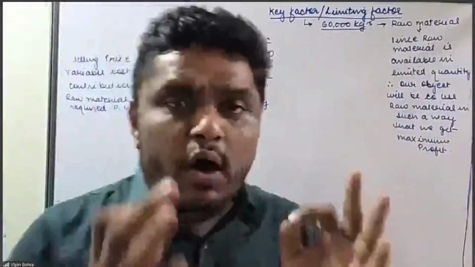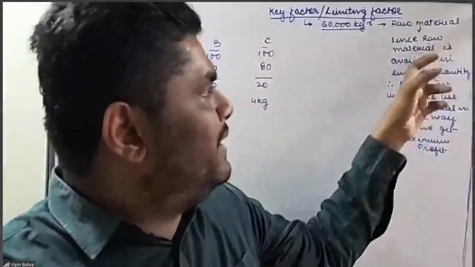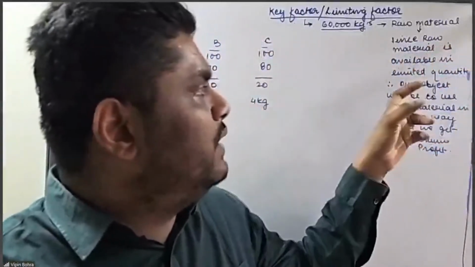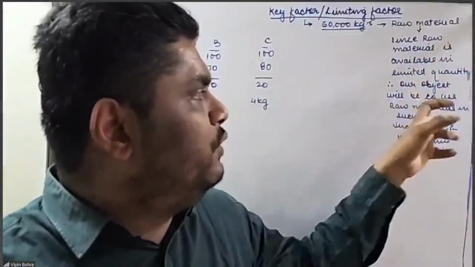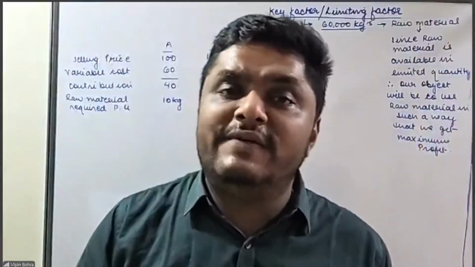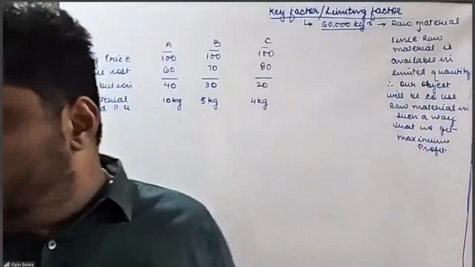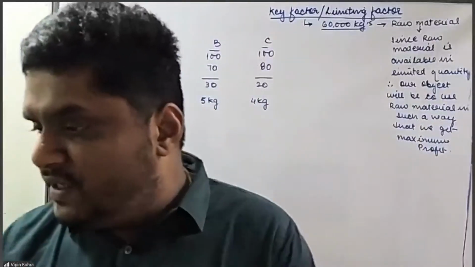Since raw material is available in very limited quantity, our object will be to use each and every kg of raw material in such a way that we can get the maximum profit. So I request you guys to advise which product we should manufacture.